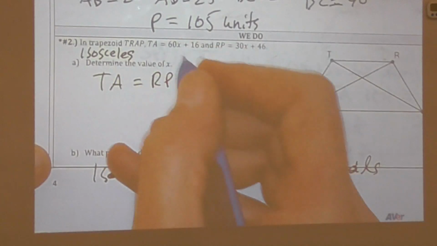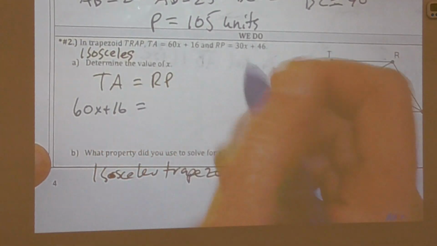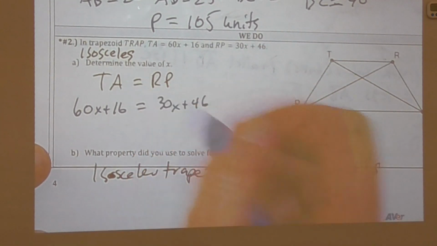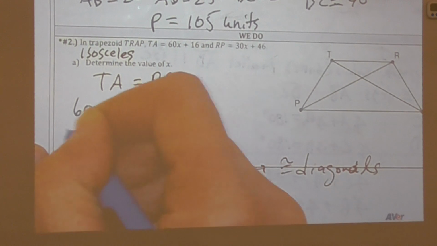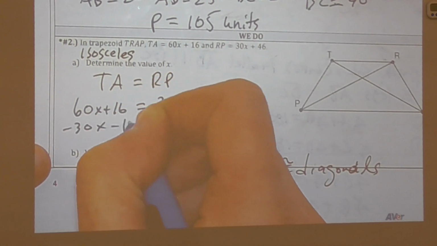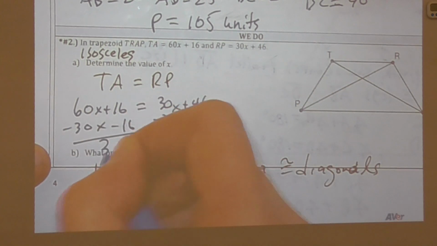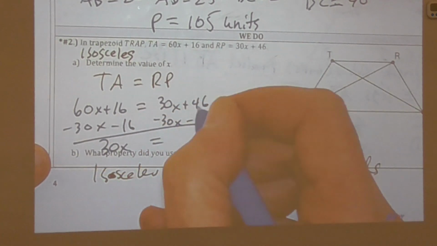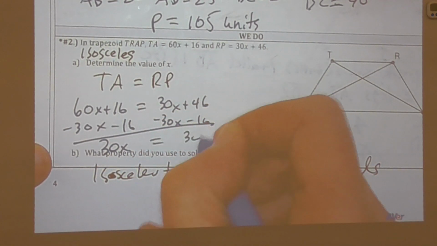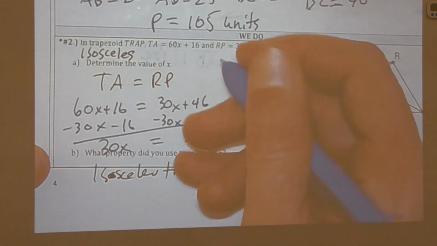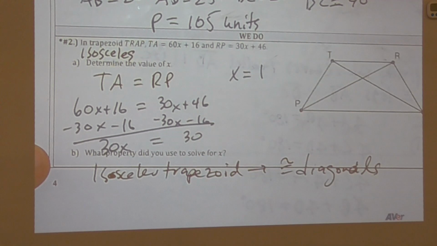So TA 60x plus 16, RP 30x plus 46, subtract 30x, subtract 16, and on this one we get 30x equals 46 minus 16 is 30. We divide both sides by 30 and get x equals 1. And there you've done it.